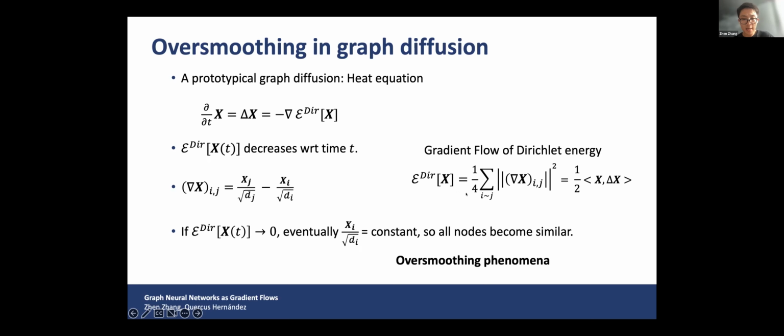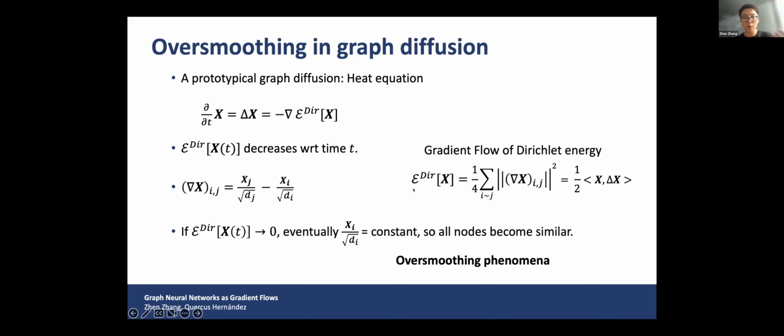And the Dirichlet energy will take the form of the sum of the L2 norm of the gradients of node features. So if we are considering the gradient flow, we know that the energy will keep decreasing throughout the dynamics. What it says is that as time goes to infinity, this E Dirichlet will go to 0.